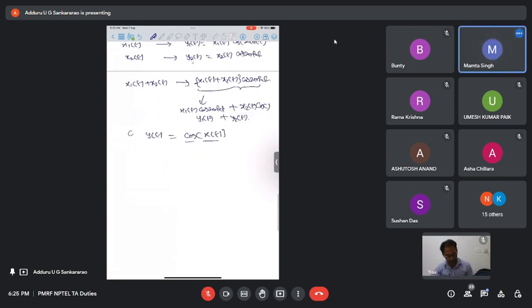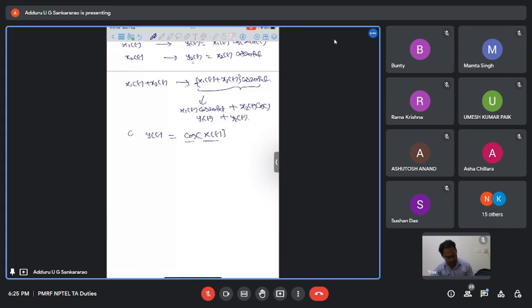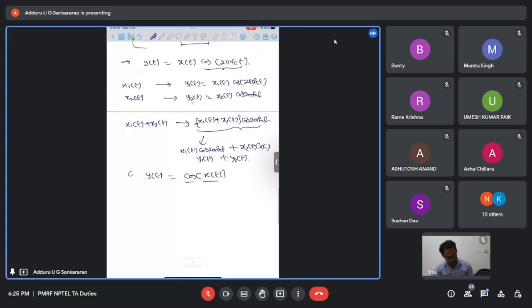Now regarding time, whether it is time variant or time invariant. First, we will find out the output due to shifted input. That means if I shift the input, what is the output? x of t minus t naught, only we are shifting the input, into cos 2 pi fct.